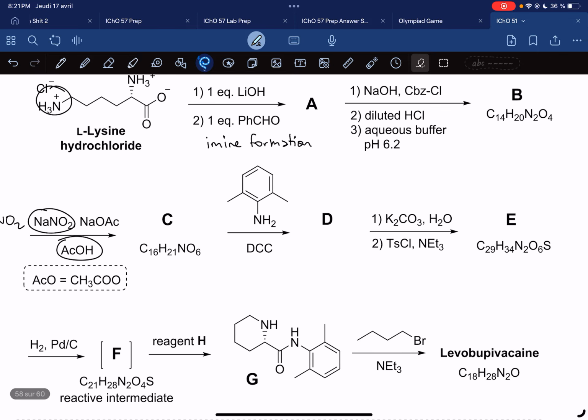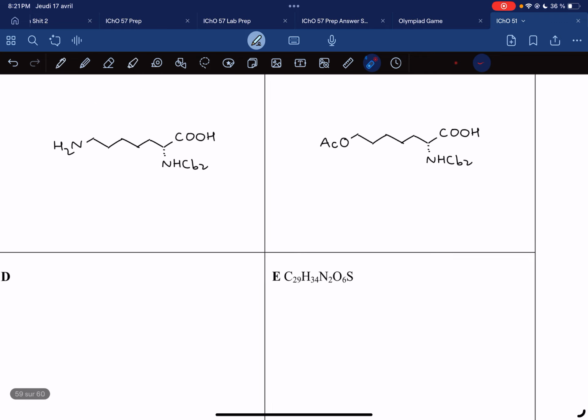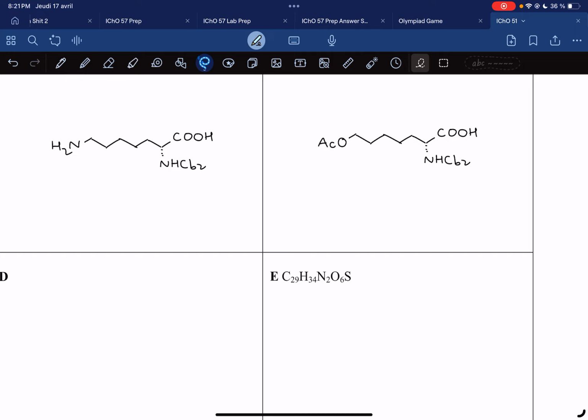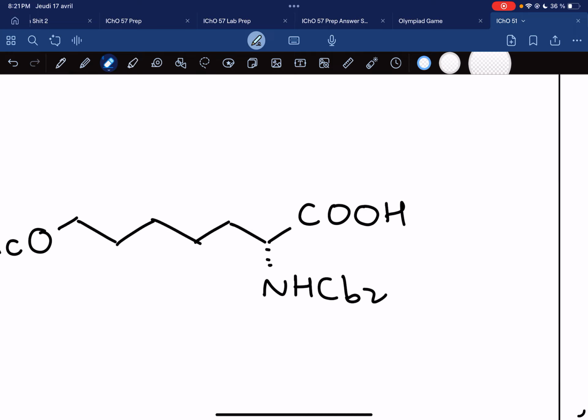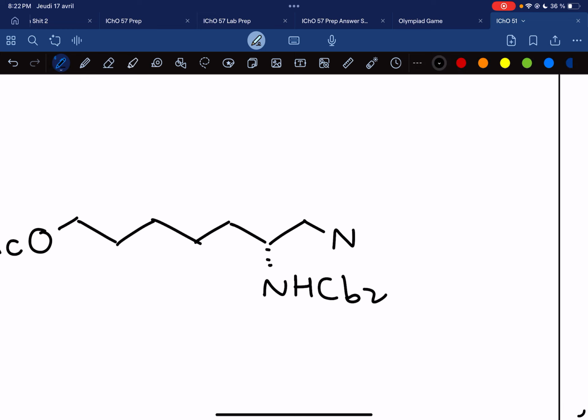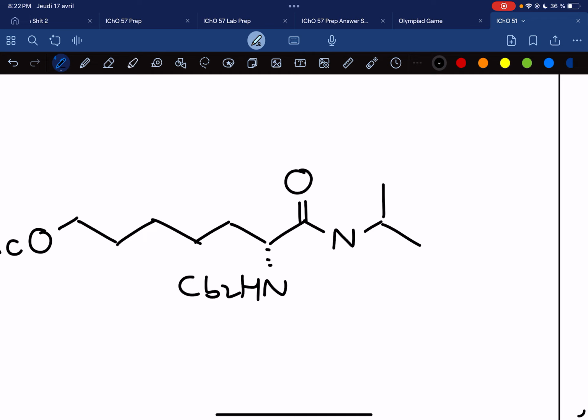Okay, from C we treat with this amine and DCC, a coupling reagent, so that's just going to couple with our carboxylic acid group. So, need to take that CBZ group right over here. Amide instead now.